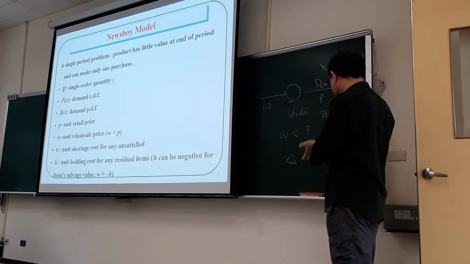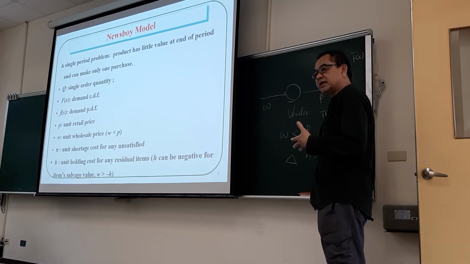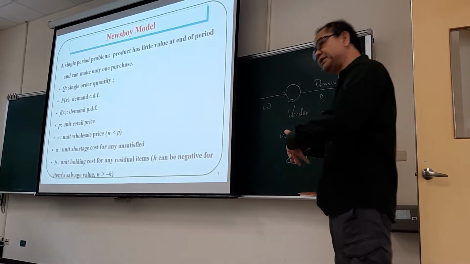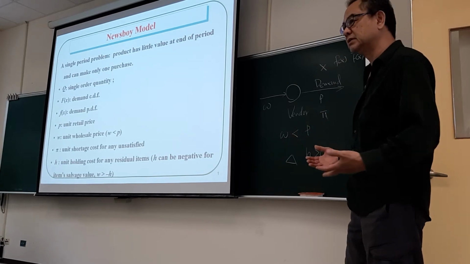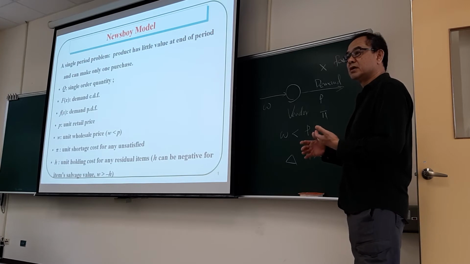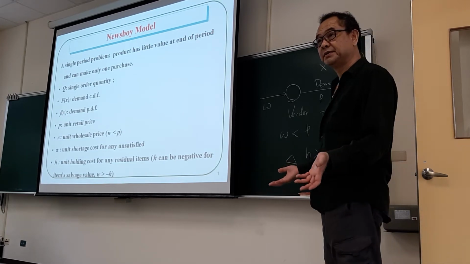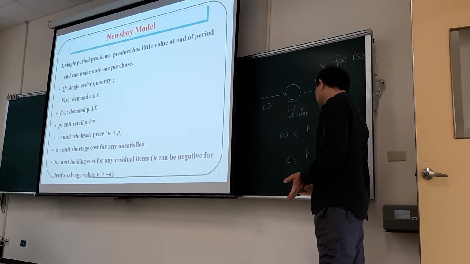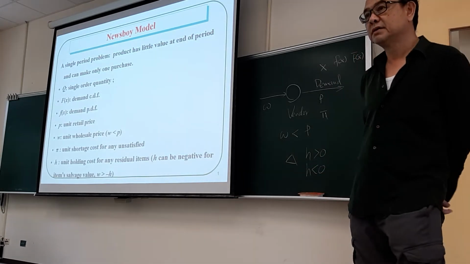A positive number indicates a cost, right? We need to pay some money to get rid of the leftover, because there's no value for the future, okay? Or we can get some money back if H is negative.